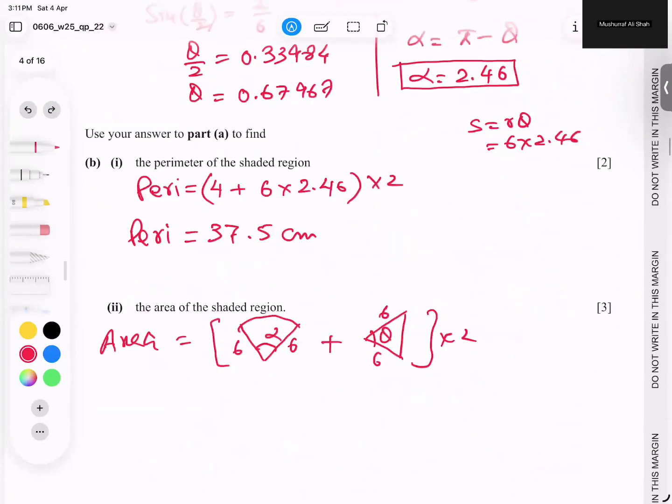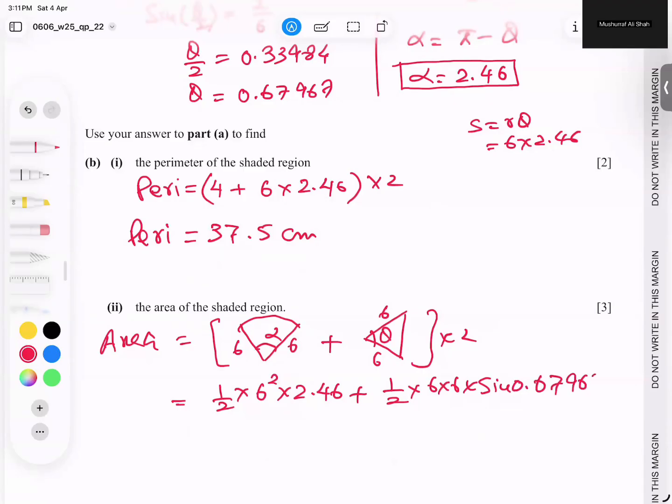So let's plug in the values. Half r squared theta, alpha is 2.46. And half AB sine theta, A times B times sine theta, which is 0.67967, and times 2. I'm going to plug in now, students, half times 36 times 2.46 plus 18 times sine 0.67967, and multiply by 2.